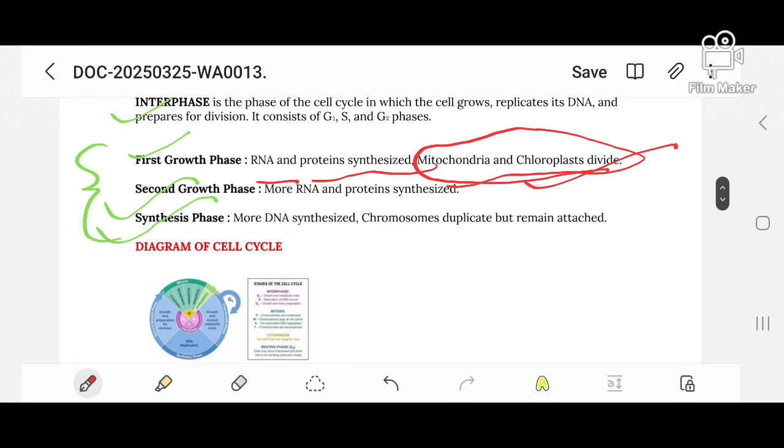In the G2 phase the same thing happens: RNA and more proteins are synthesized, but in a greater manner. In the synthesis phase, DNA is synthesized, not RNA. Don't get confused with it, children. DNA is synthesized. Chromosomes duplicate but remain attached.